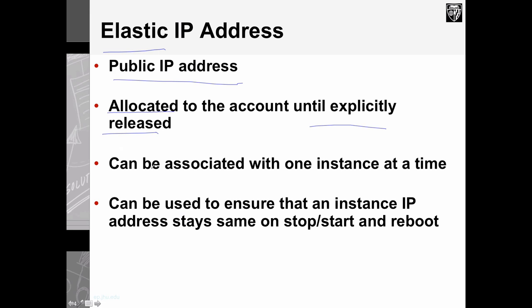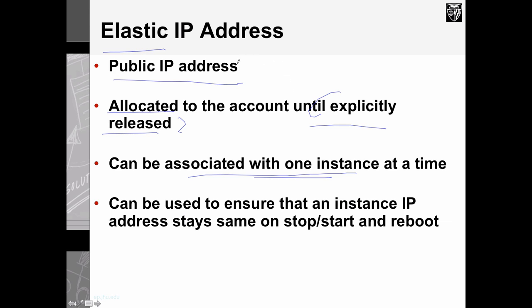So then what you could do is take that public IP address and associate it to one instance at a time. So when that instance needs to be rebooted or terminated, the IP address still stays with you. So you can associate it with a new instance at a later point. But as long as you don't explicitly release it, that IP address stays in your account.